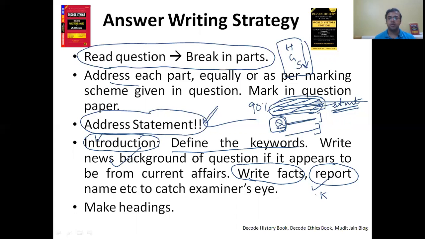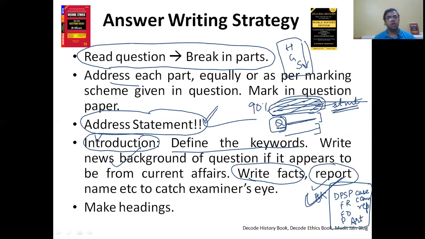You have to write paper specific keywords like DPSPs, FR, fundamental duties, preamble, articles, court cases, committee's name, other reports. I'll deal with it in the next slides as well. But in introduction, apart from defining keywords, mentioning news background, mentioning facts, you have to write keywords.